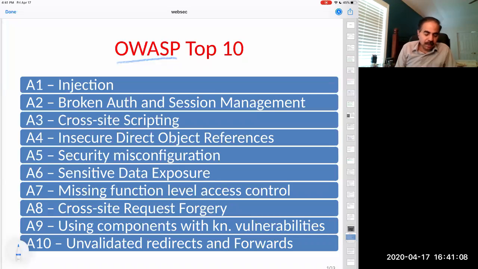So let's look at some of the examples here. The categorization here is a little bit overlapping. So for instance, we would consider some of the cross-site scripting attacks to be instances of injection, but they prefer to break them out as separate categories here.